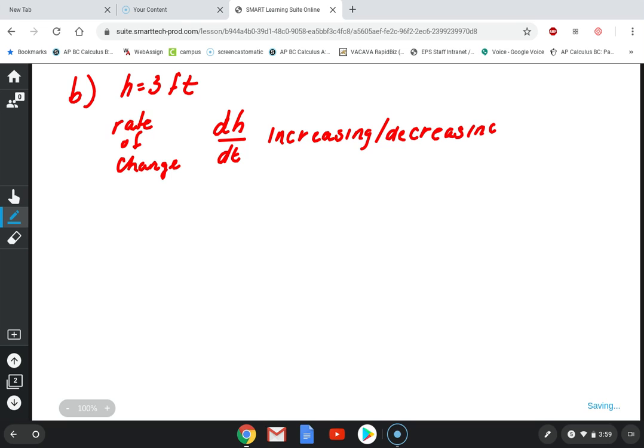To determine if dH/dt is increasing or decreasing, this is the function, and we need its derivative. So we have d squared h dt squared.